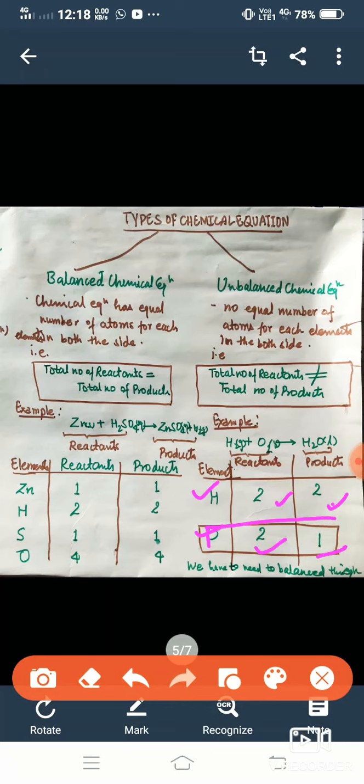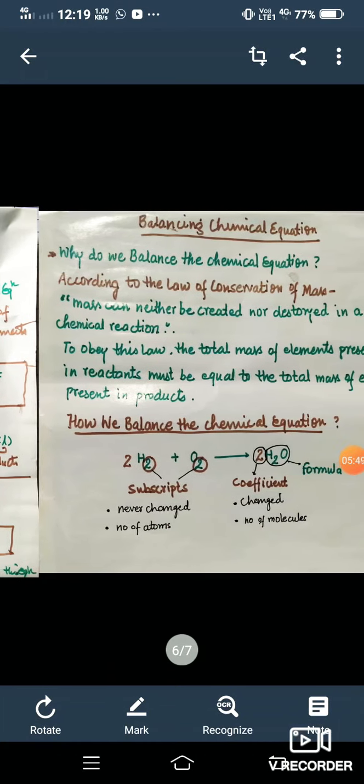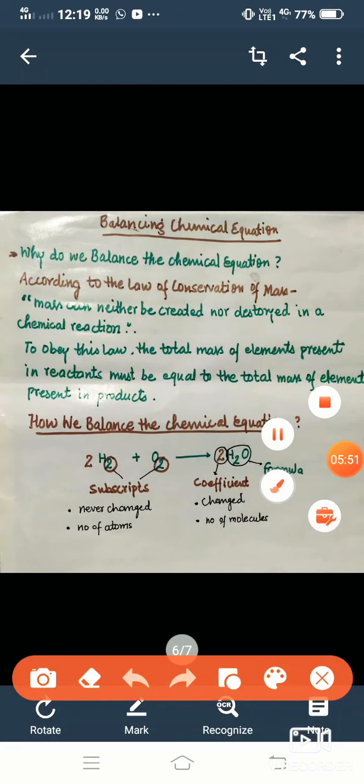So the number of oxygen atoms on both sides is not equal, so we can say that this is an unbalanced chemical equation. Now we have to balance this chemical equation.